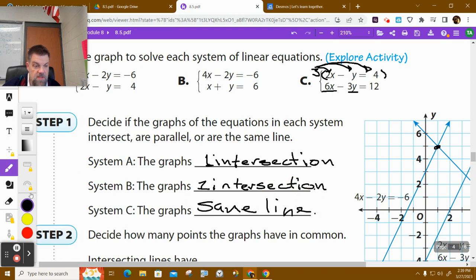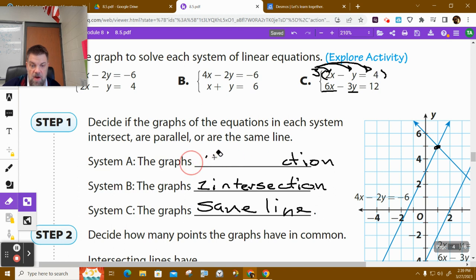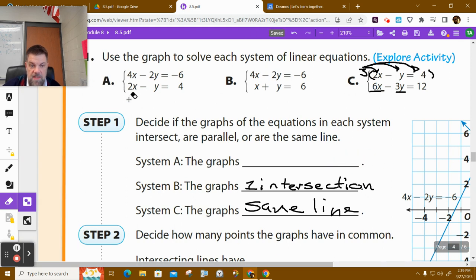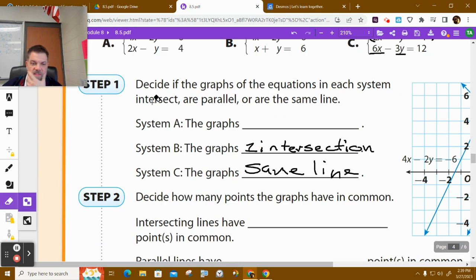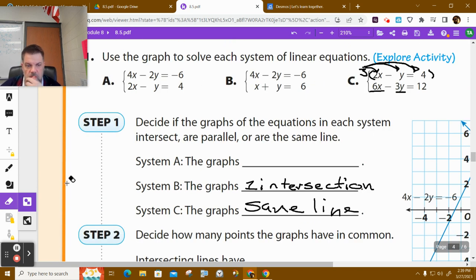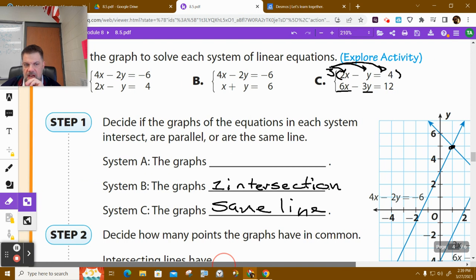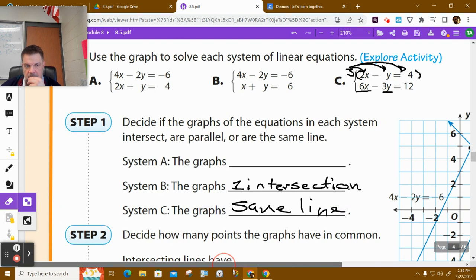So this is intersection. That's graph B. Now, what do you think by default the system A will be? Parallel lines. Now, trying to think of an easy way to say this. Let's just look at it. Okay, so I've got 4x minus 2y.